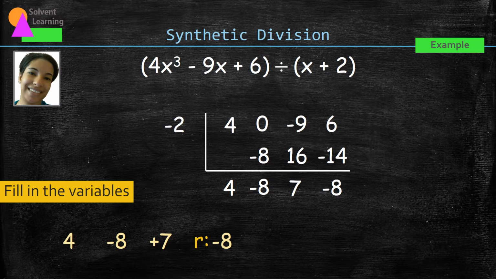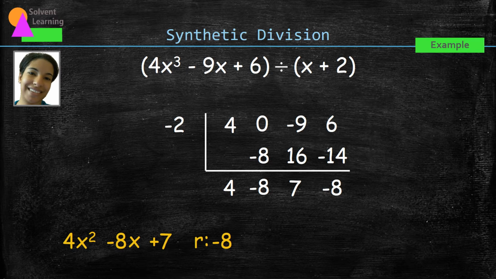Then we work our way left to the positive 7. This is the constant term in our solution. So since it's the constant term, we don't need to write a variable with it. Then we can move over to the negative 8. This will be our first degree term. So we can write an x next to it with no exponent. And then when we go over to the 4, this becomes our second degree term, so we fill in an x squared.